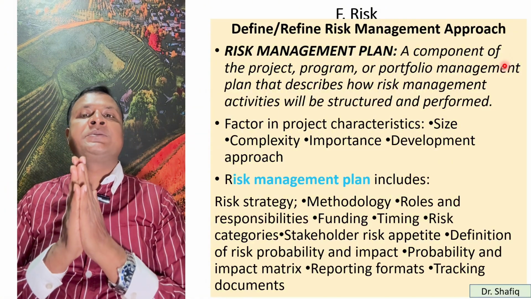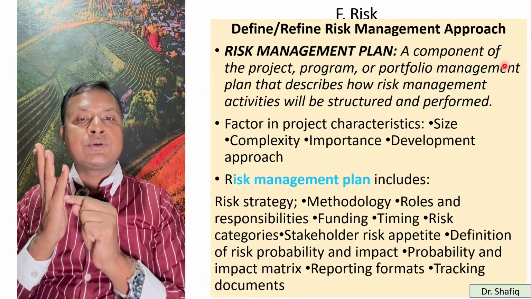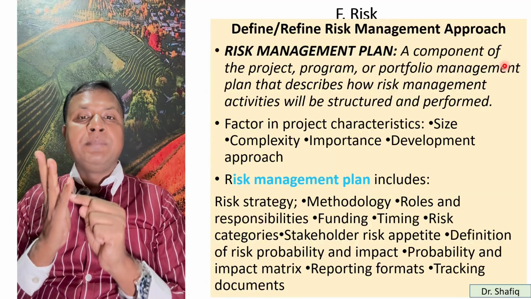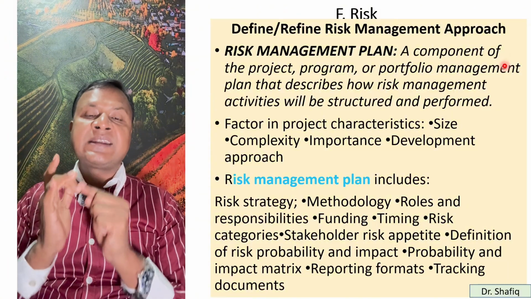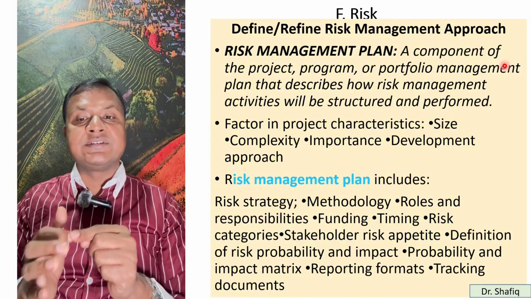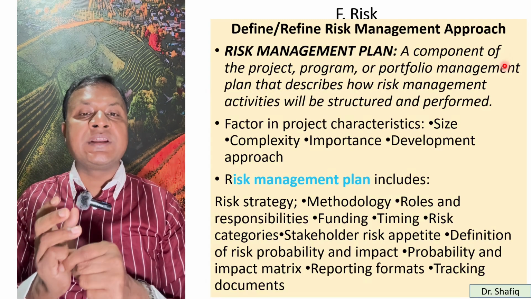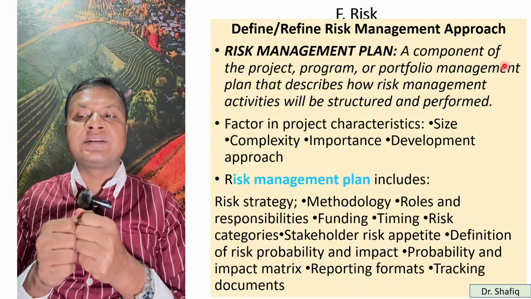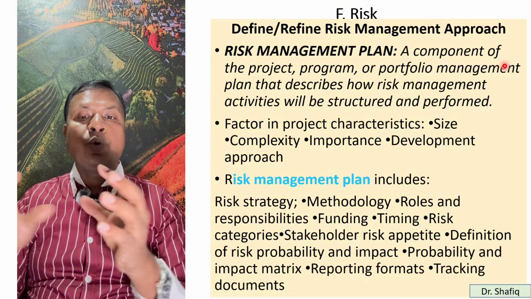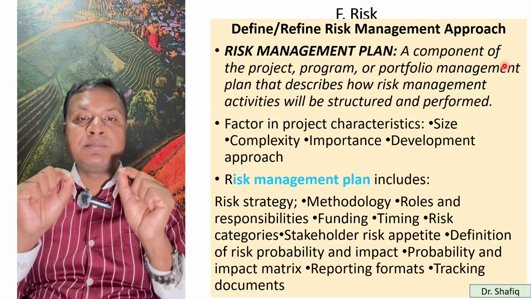And so the risk management plan actually includes many components. It includes risk strategy, the methodologies, roles and responsibilities, funding, timing, risk categories, stakeholder risk appetite, definition of risk probability and impact metrics, reporting formats, and tracking documents. All these combined together make the risk management plan.